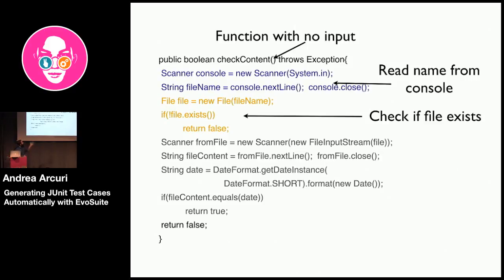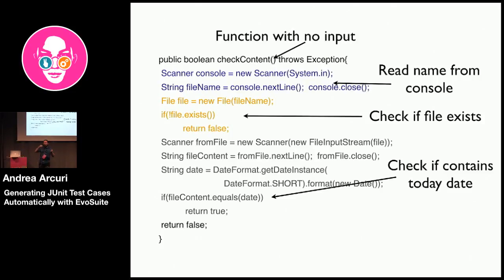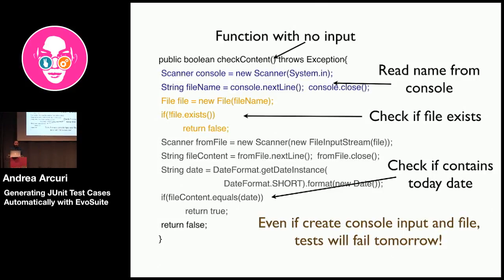Then you check if there is a file on the file system with that name, and it reads its content, and then it checks if the content of that file is actually equal to the current date. It's an artificial example that doesn't do anything useful, but it shows a class that has to speak with a console and read things from a file. And the interesting thing is that even if you manage to write a test case for it, it will pass today, but it will fail tomorrow, because you don't have direct control of the CPU clock.